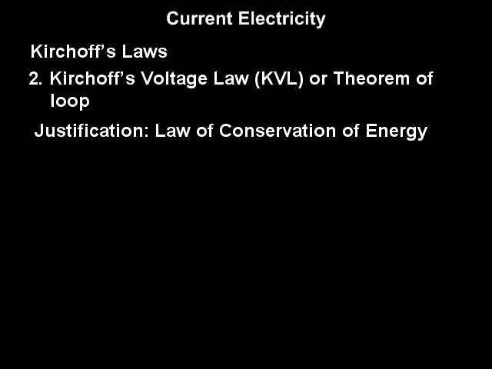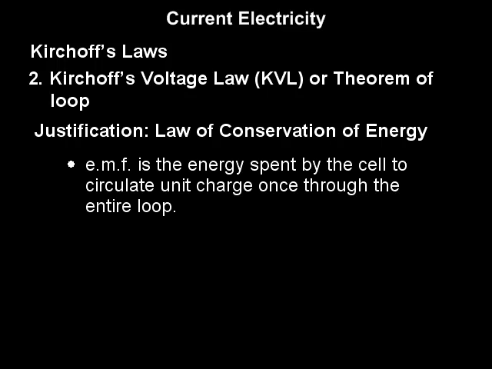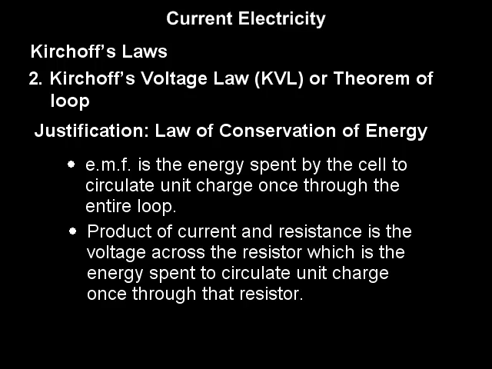The law can be justified on the basis of law of conservation of energy. EMF is the energy spent by the cell to circulate unit charge once through the entire loop.